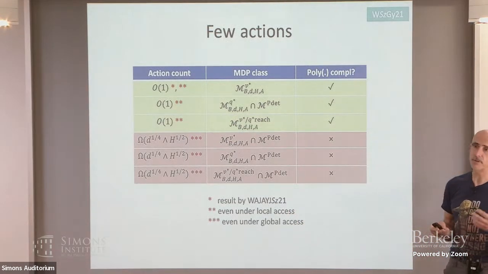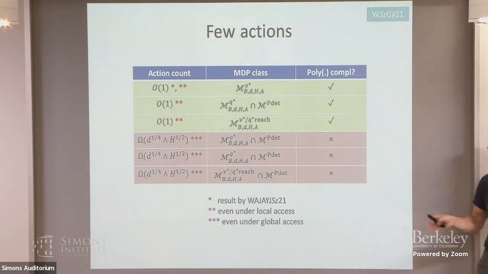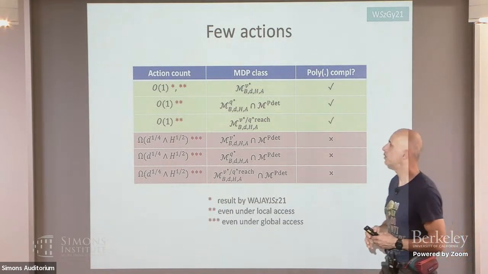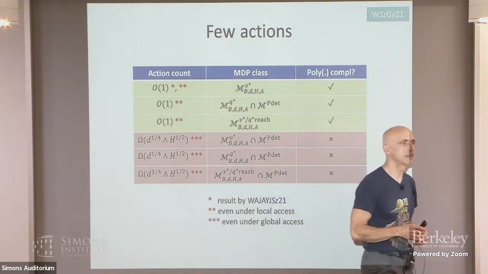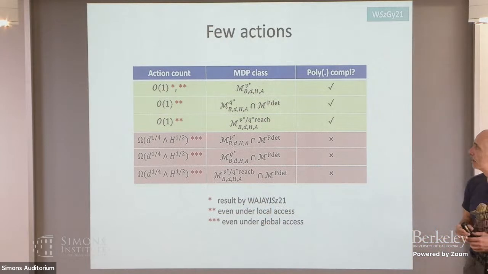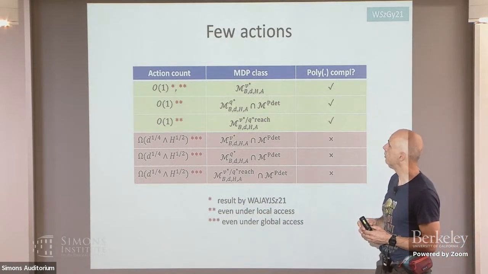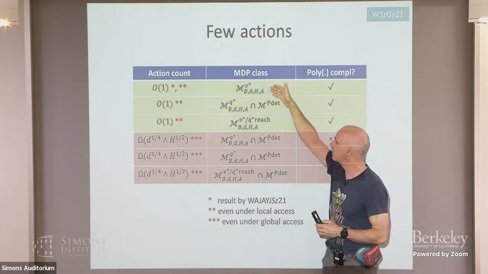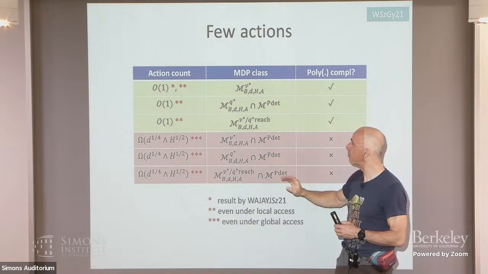And now, if you increase the action count, as I promised, the action count determines everything here, to be larger than a polynomial of the minimum of the dimension and the horizon, then you get negative results pretty much for all the cases. So you can start with V star realizability and you can add determinism there. It doesn't help.